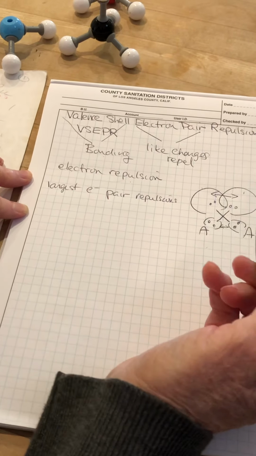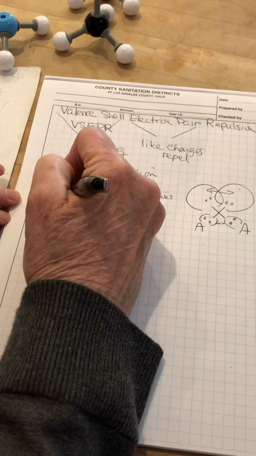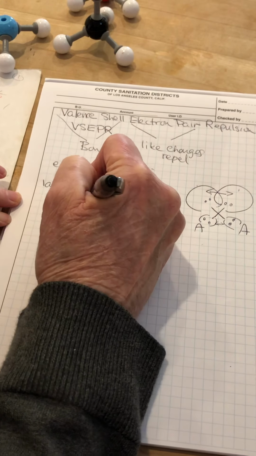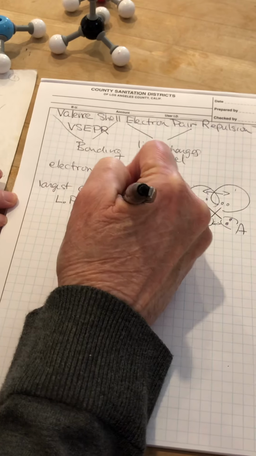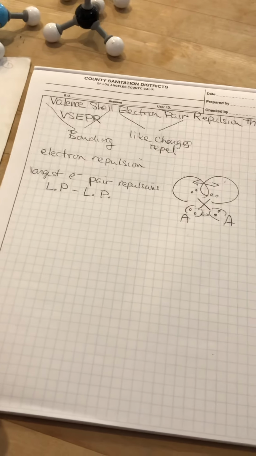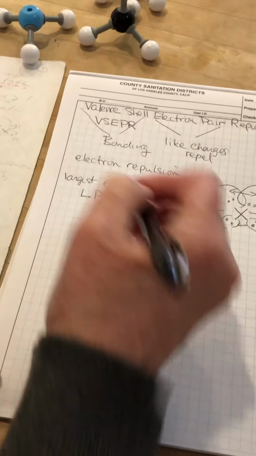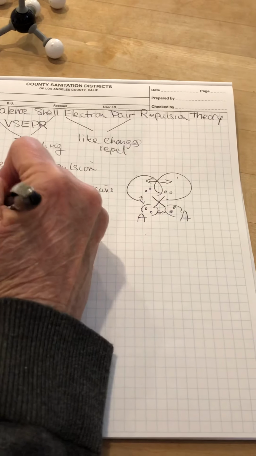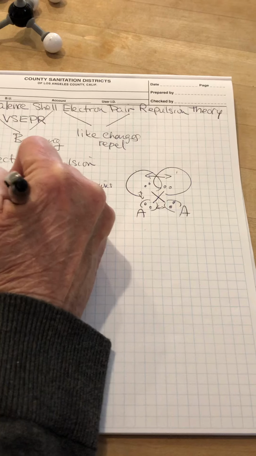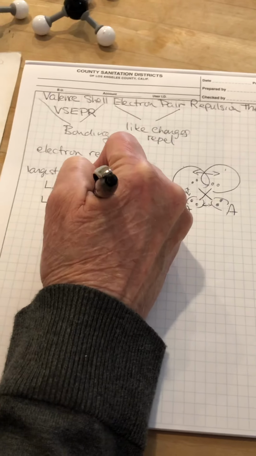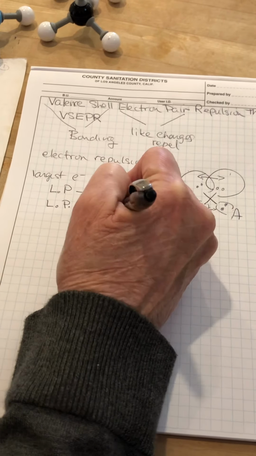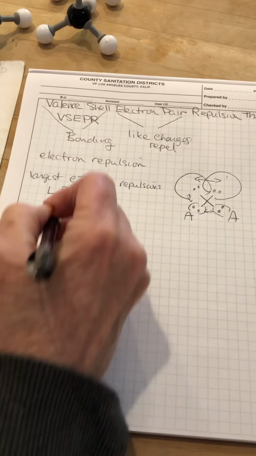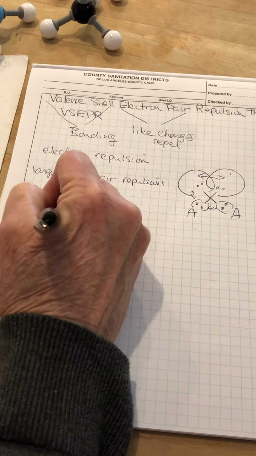Okay, the largest electron pair repulsions are between two lone pairs. And I'm just going to do LP and LP for lone pairs because it's a lot shorter to write. Those are the largest. In between are the repulsions between a lone pair and a bonding pair. And the smallest repulsions of all are between two bonding pairs.